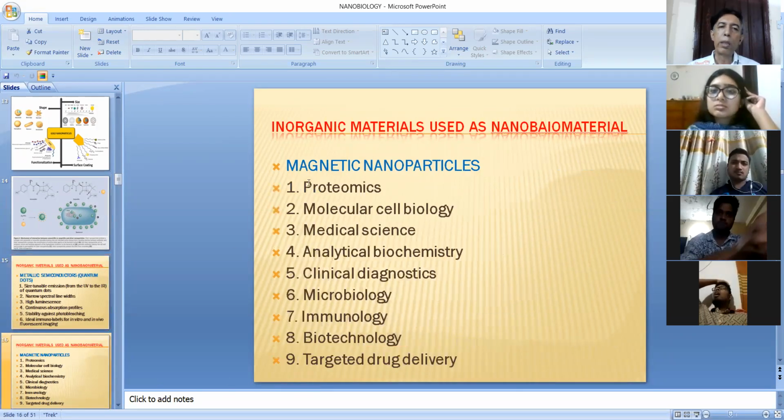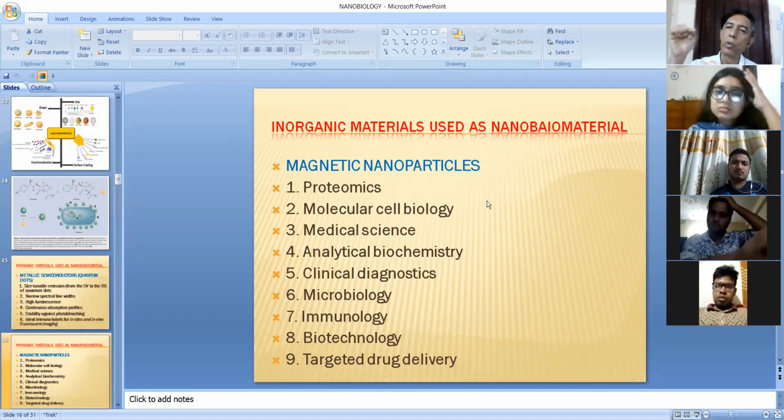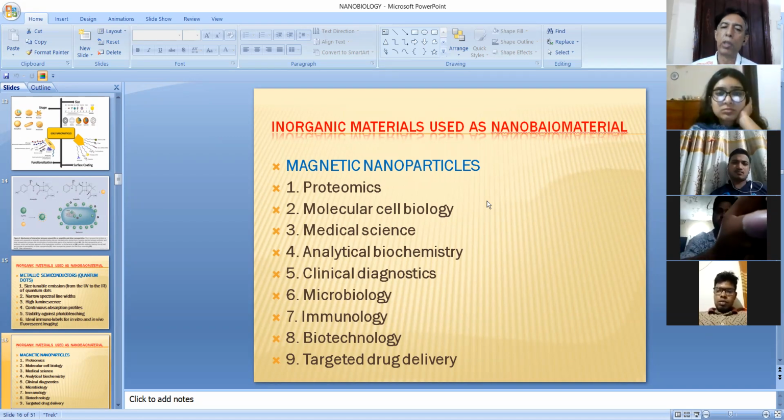Now, among the inorganic materials, there are magnetic nanoparticles. You know what magnetic nanoparticles are and how to use them. You push iron nanoparticles inside your body, and a magnet brings those iron nanoparticles to the targeting area, to take images and to do various things.